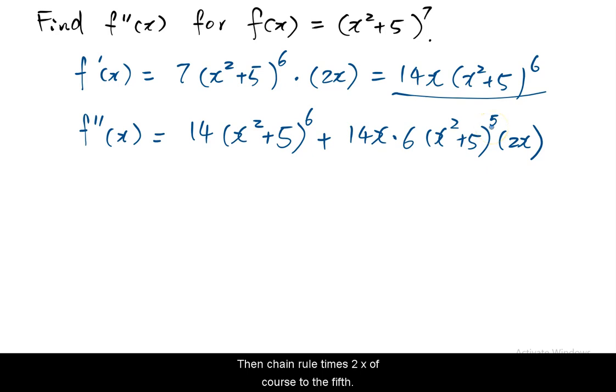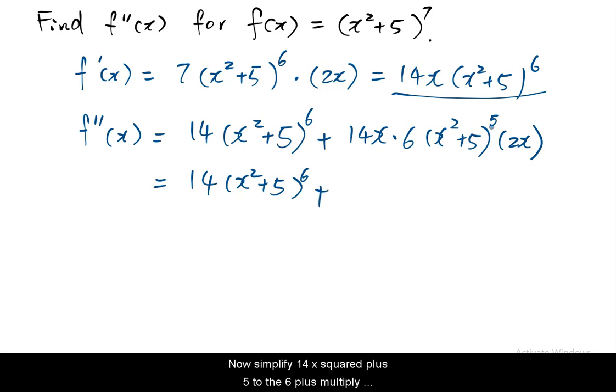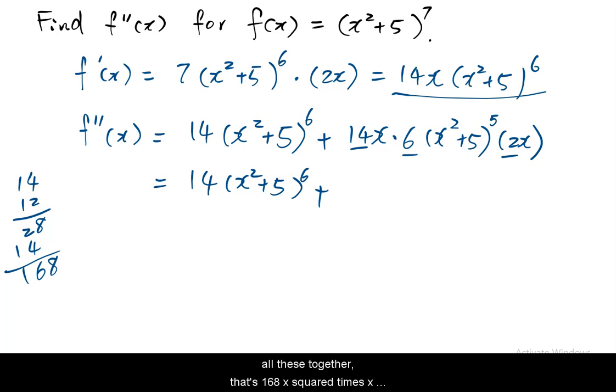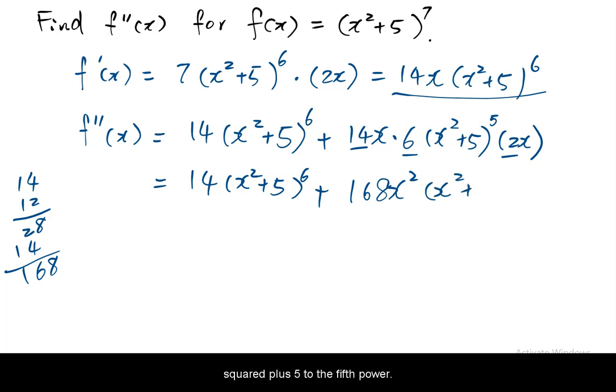Of course, to the 5th. All right. Now simplify. You have 14(x squared plus 5) to the 6th plus, multiply all these together. So that's 168x squared times (x squared plus 5) to the 5th power.